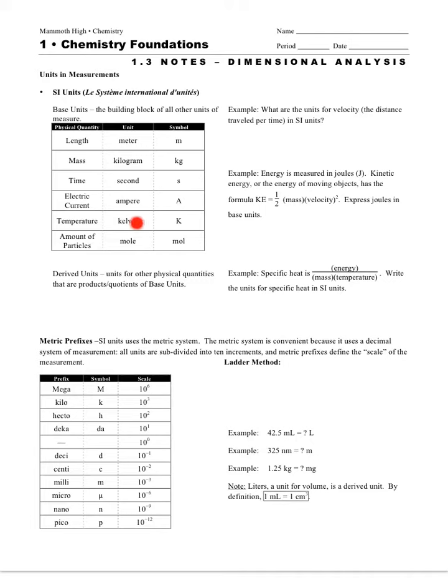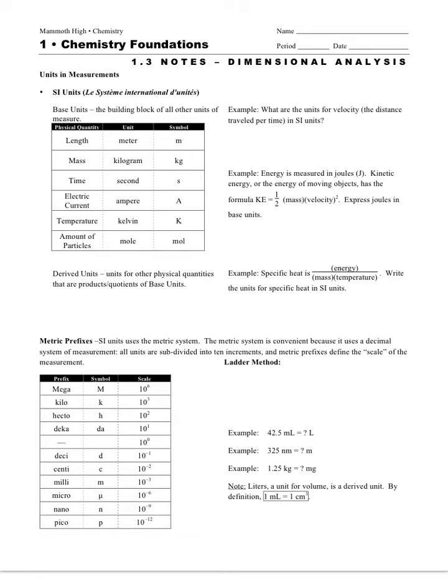For temperature, it's Kelvin. And for the amount of particles, it's the mole, which we haven't learned about yet, but you will. Then there's one more, candelas, which is for luminosity, the amount of light.